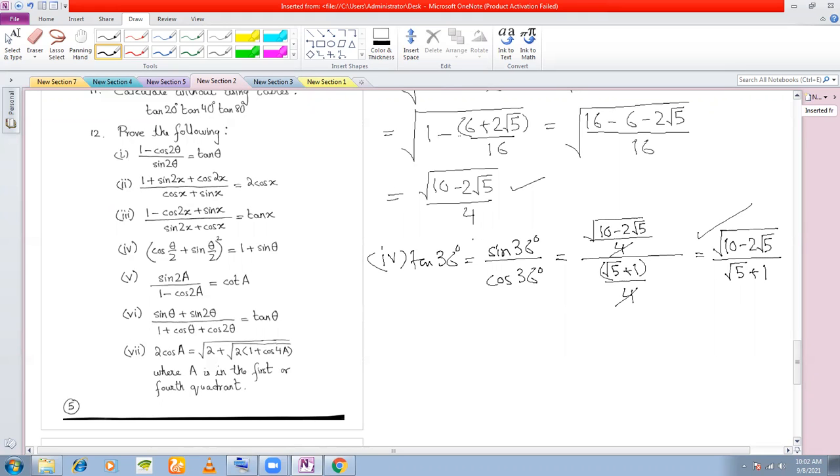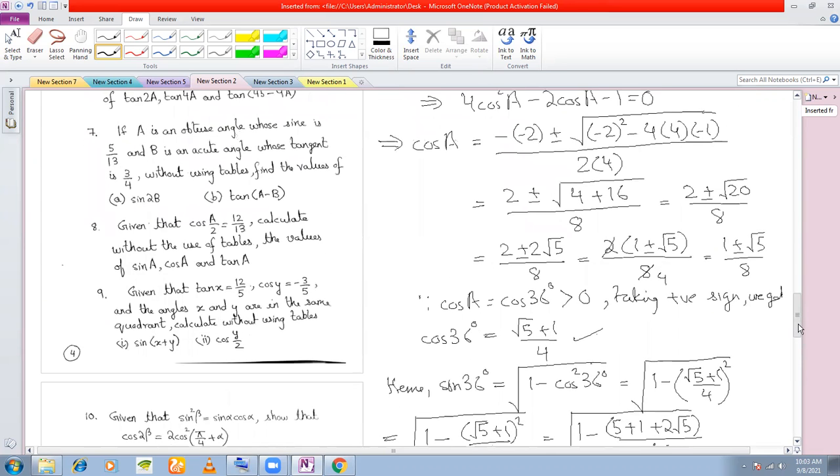That's another way of finding the values of sine 36, cos 36, and tan 36. Okay. So that finishes the fourth part. We now come to the fifth part.